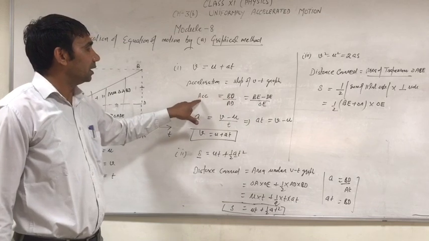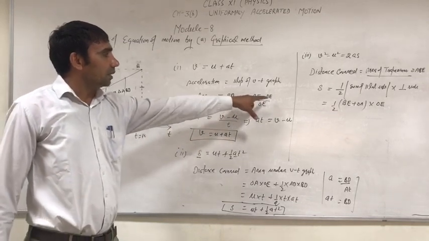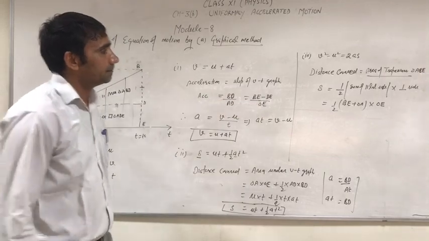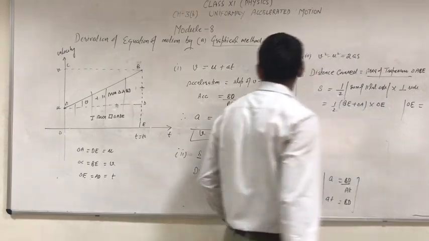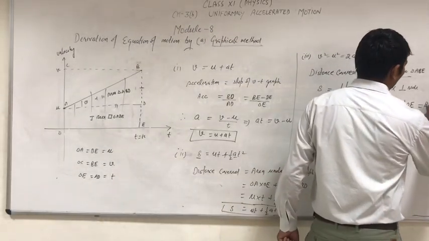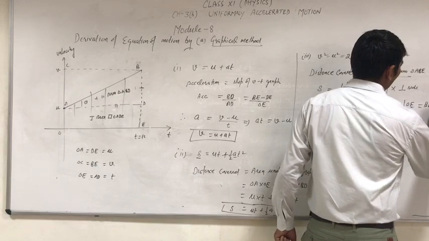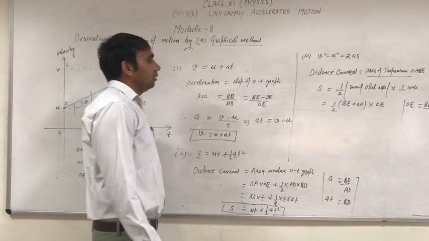Acceleration multiplied by OE is equal to BE minus DE, so OE is equal to BE minus DE divided by A.